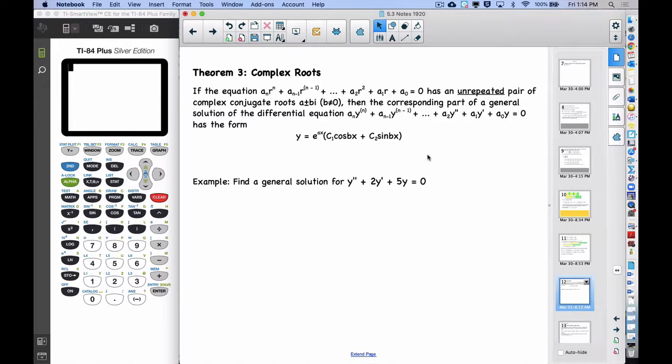So let's try one. We're actually going to wrap up our example from earlier. In that problem, we had gotten that our roots were -1 plus or minus 2i. So if we apply this to that, our general solution would be y equals e to the real part times x, or you could just do -x in this case.